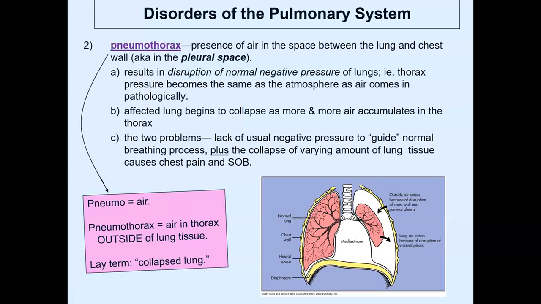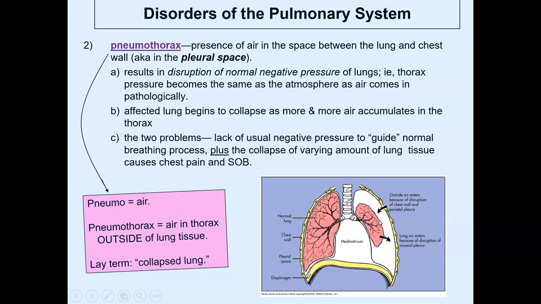Another type of pleural restriction is a pneumothorax. Just like it sounds, pneumo is air, thorax is the chest. So it is the presence of air in the space between the lung and the chest wall. In other words, that pleural space between the parietal and the visceral pleura will have air. And when there is a lot of air within that pleural space, that will disrupt the normal negative intrathoracic pressure.